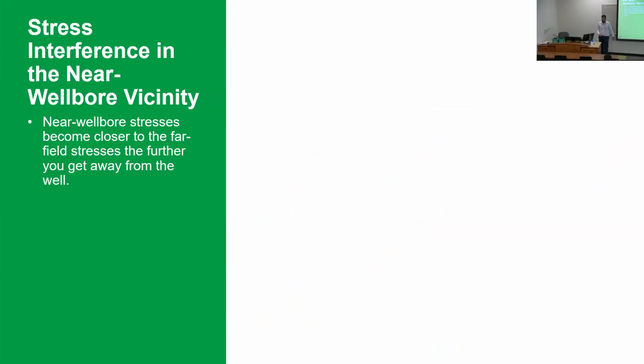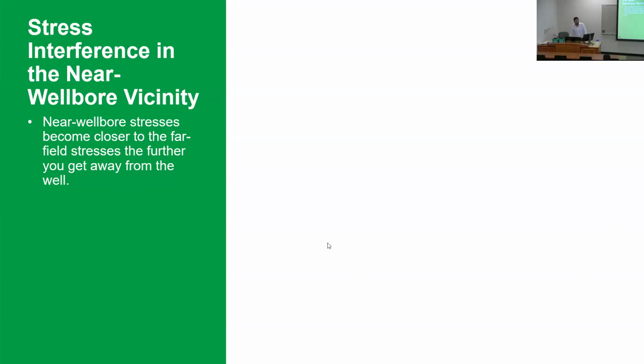That means if the well is here and I measure the stresses at some point here, I'm back to SV, SH max, and SH min. So the tangential stress would be either SH max or SH min. The axial stress would be SV. The radial stress would be the third one.